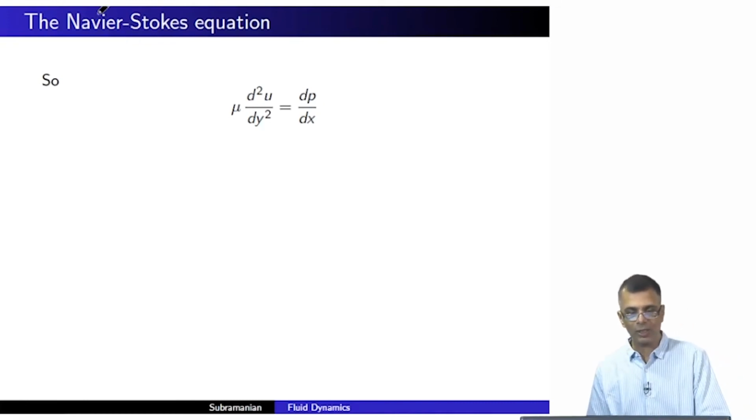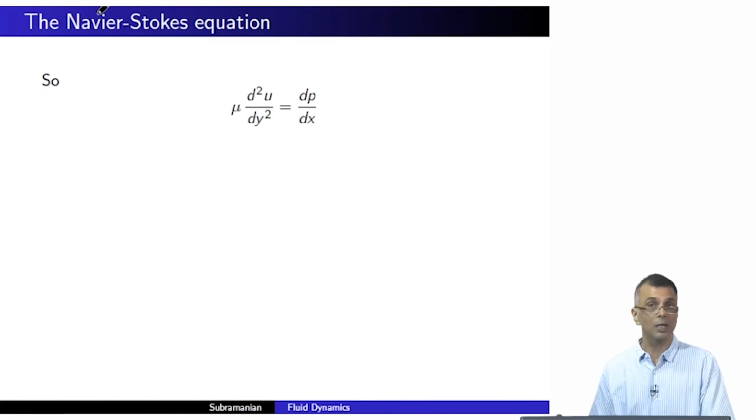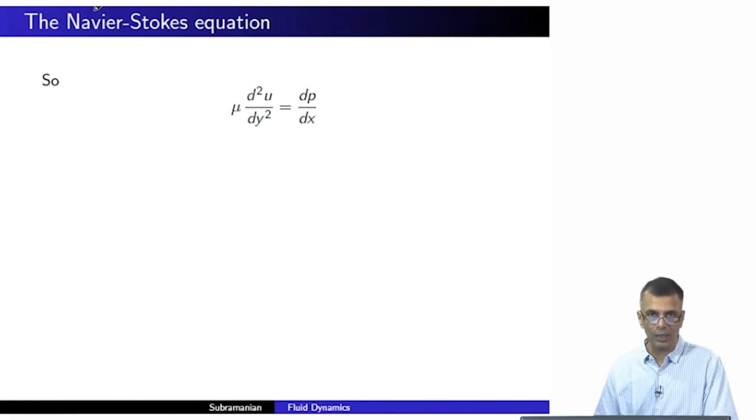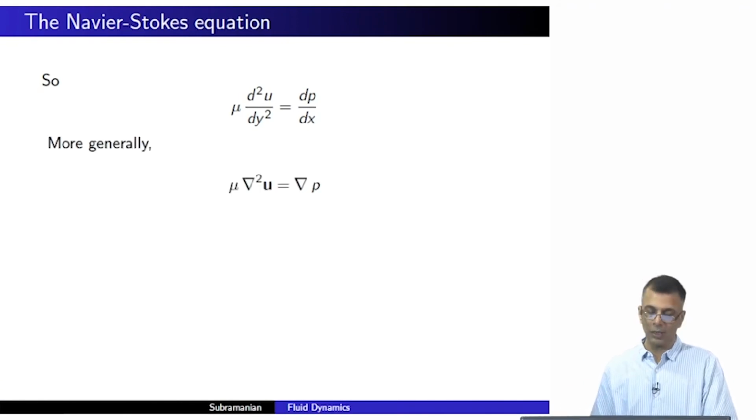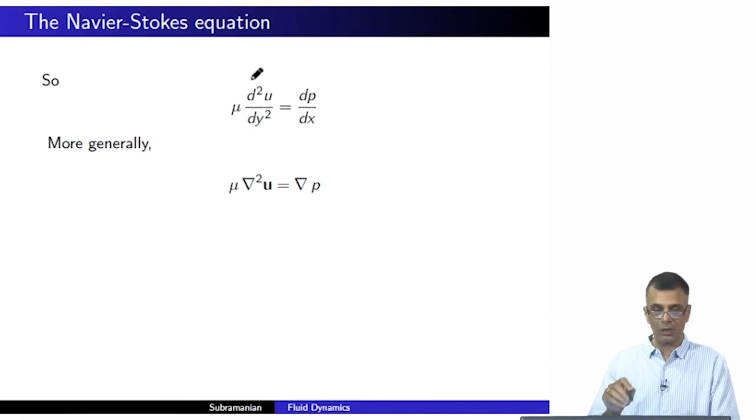In some sense, this is it. We've already written down the Navier-Stokes equation, except this is only the force part, and you really should be allowing for the fact that the fluid element can be accelerating. We wrote this down just to motivate the Navier-Stokes equation. So more generally, we just considered one dimension.